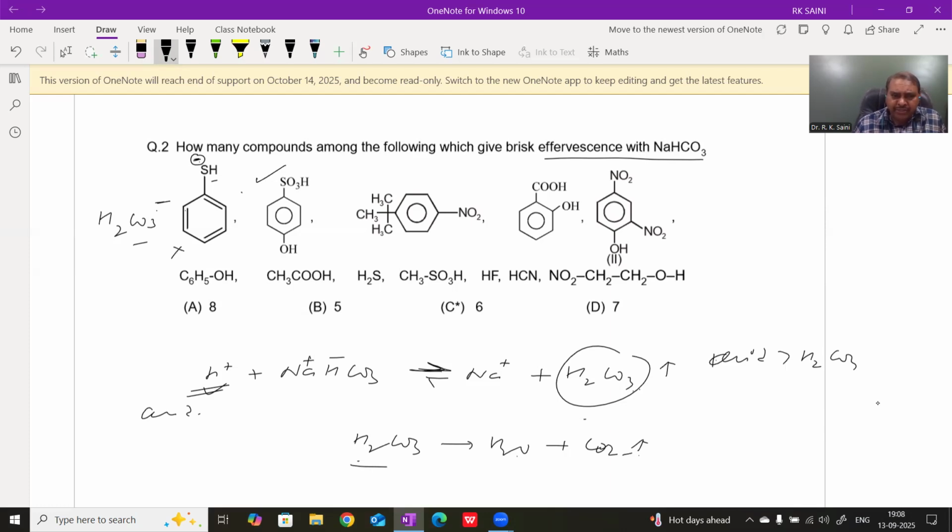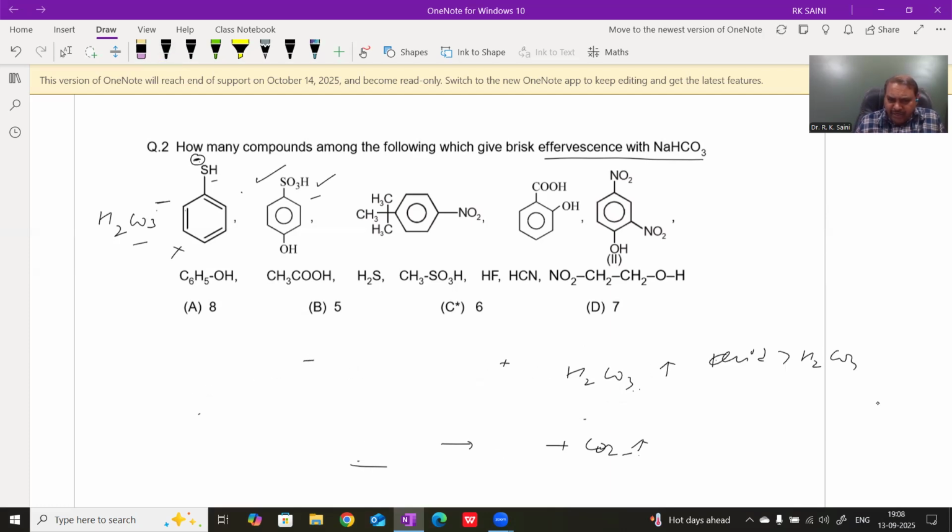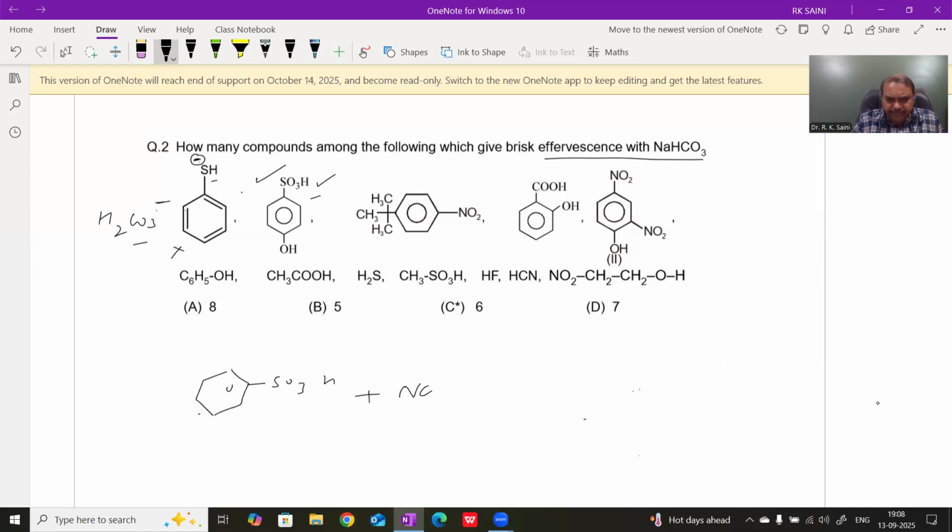In case of sulfonic acid, a strong acid, it evolves. For example, understand the reaction of benzene sulfonic acid with sodium bicarbonate. This is benzene sulfonic acid plus sodium bicarbonate.